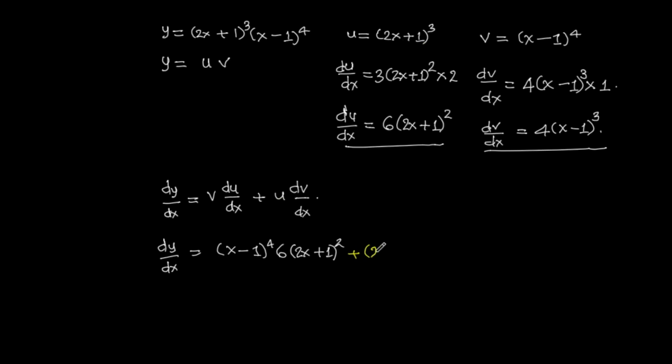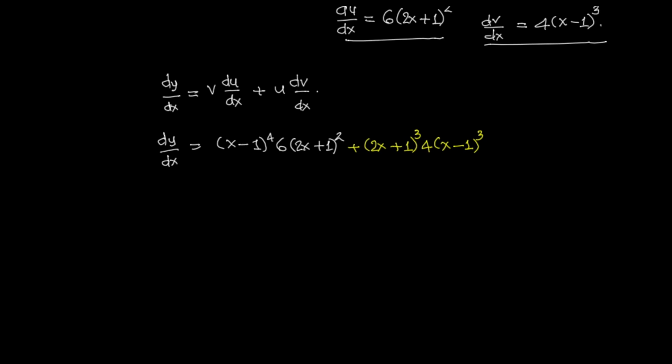So we write it down here, (2x plus 1) raised to power 3. Then we multiply it by dv by dx, and dv by dx is this component, that is 4 (x minus 1) raised to power 3. So let's rewrite this.